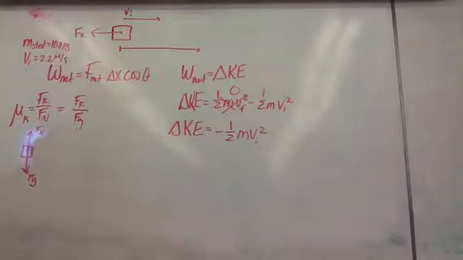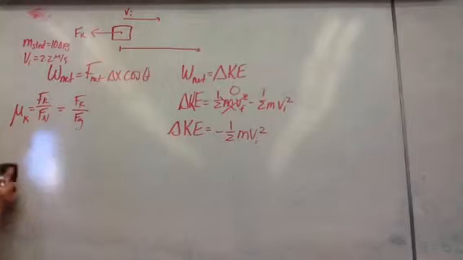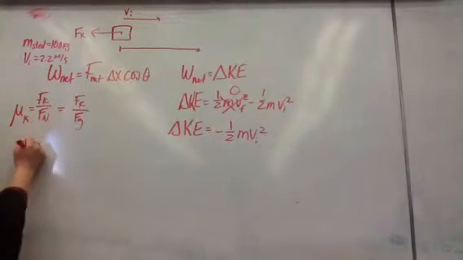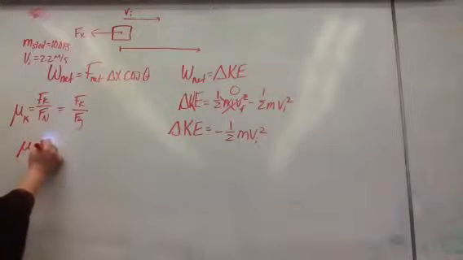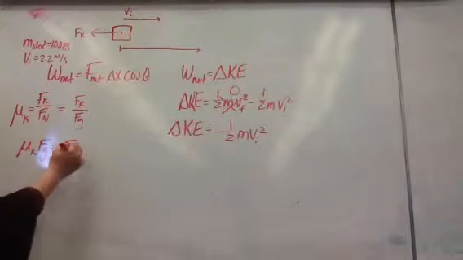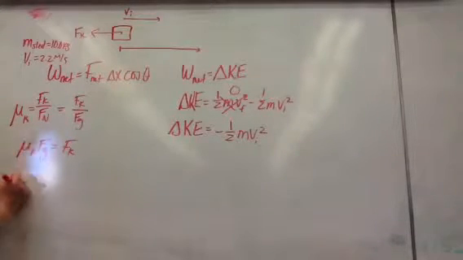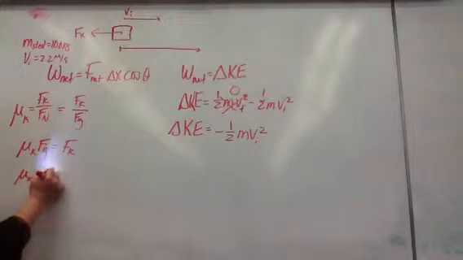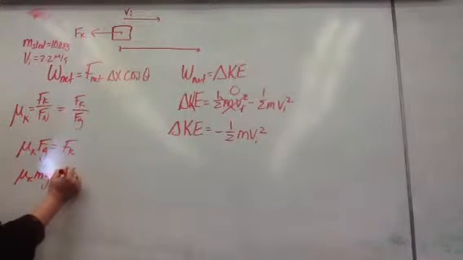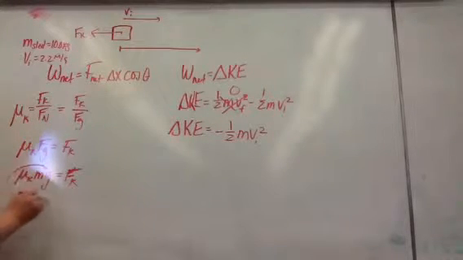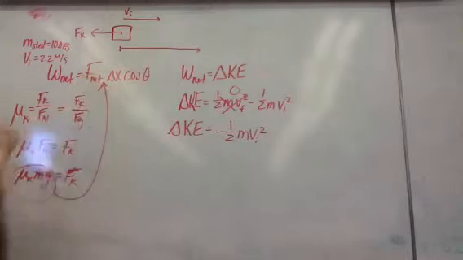So we can rearrange that to say that mu k times Fg equals Fk. And what's Fg equal to? Mass times gravity. So mu k mg equals Fk. Well, lo and behold, that can be plugged in there.